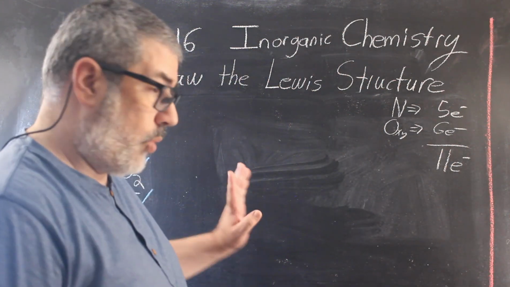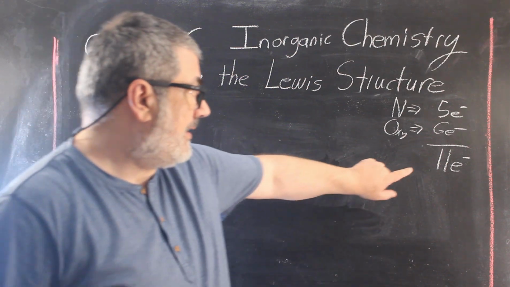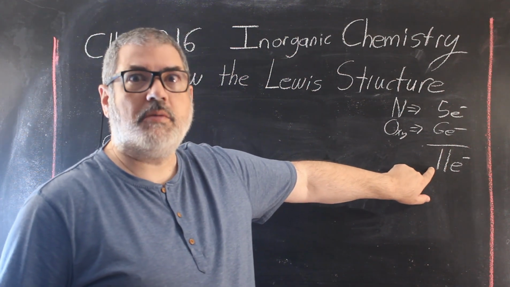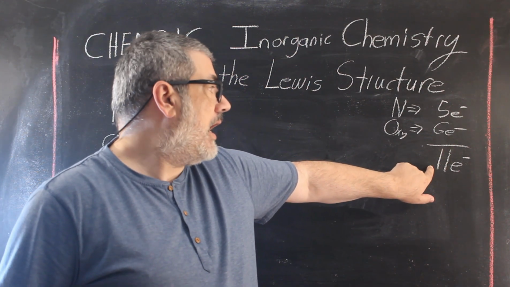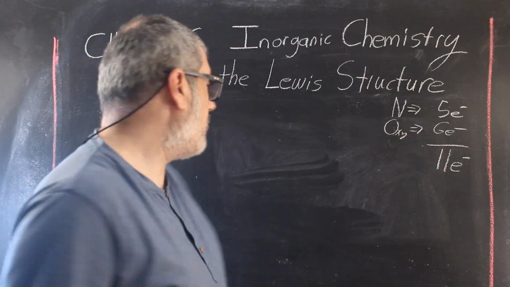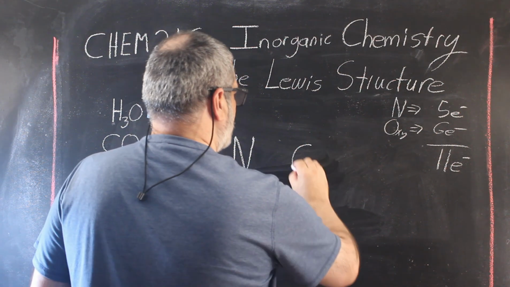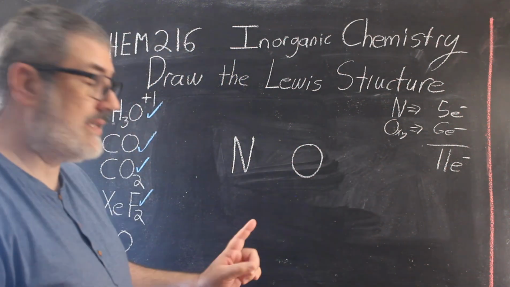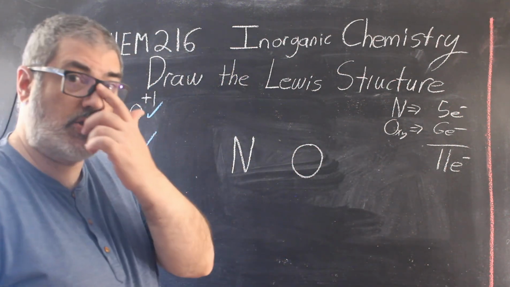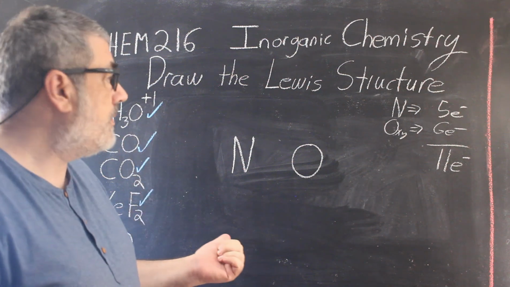Now, what should be a red flag is when you have an odd number for a molecule. And in this case, the odd number is correct. Sometimes you'll get an odd number just because you counted incorrectly, but in this case, we're going to see the consequences.